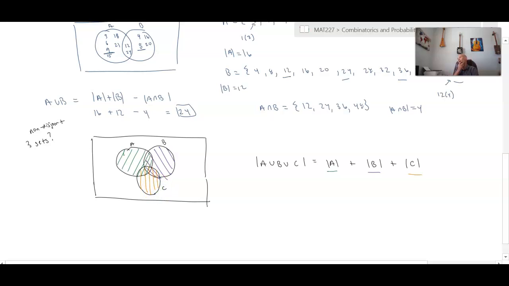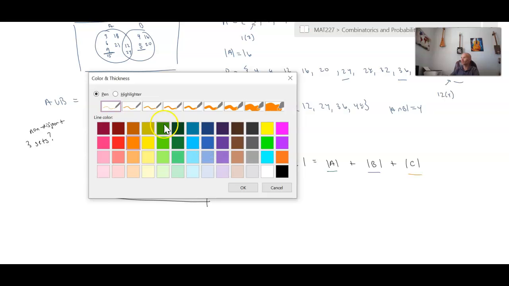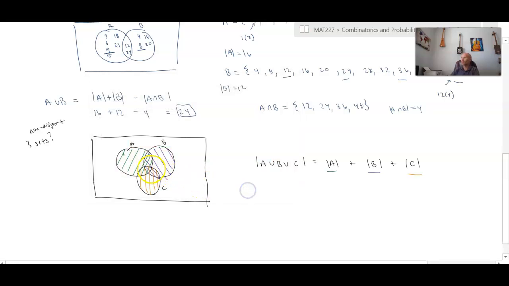And now let's think about how many times we counted certain things. Well, we can see that the center portion was counted 3 times. Right? That is where the green, the purple, and the orange all overlap, is in that center portion here. So this got counted in 3 times.